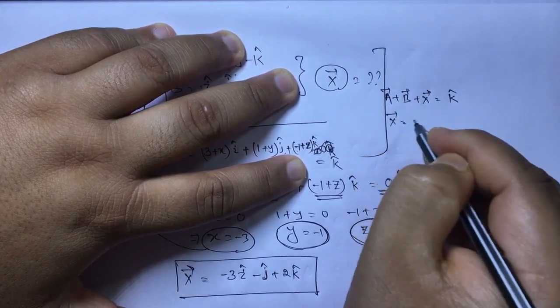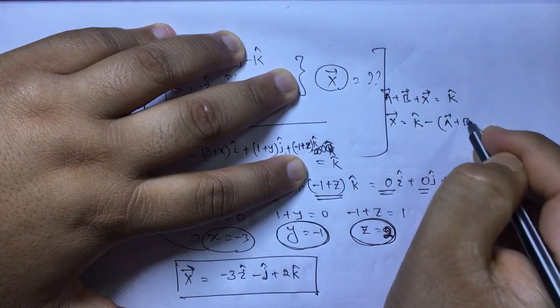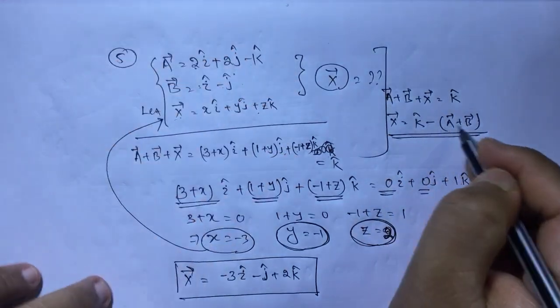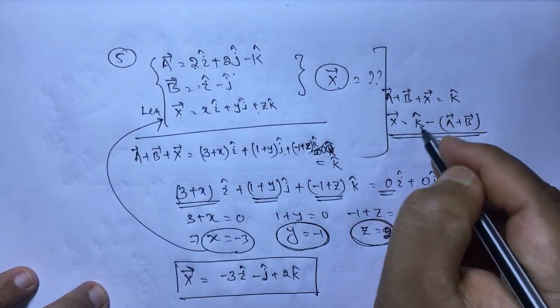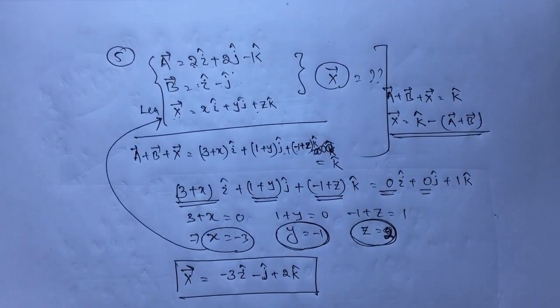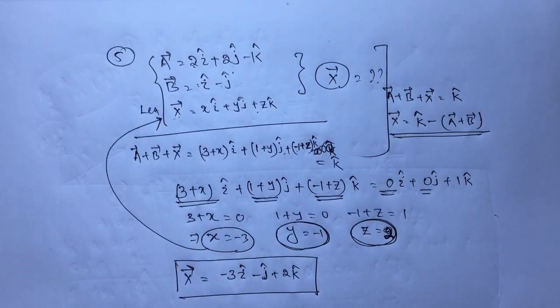So, what is x vector equal to? K cap minus a vector plus b vector. That is also you can do. First you write this a vector plus b vector, then subtract, k vector minus that answer, you will get the x vector. That is how also you can do. Same thing you will do, the same answer you will get.